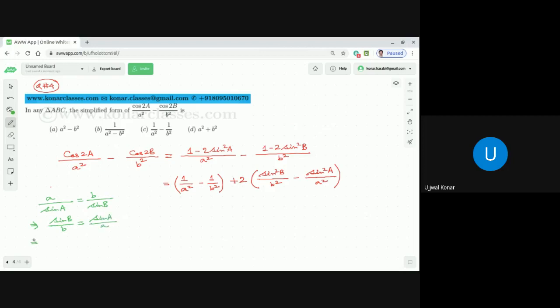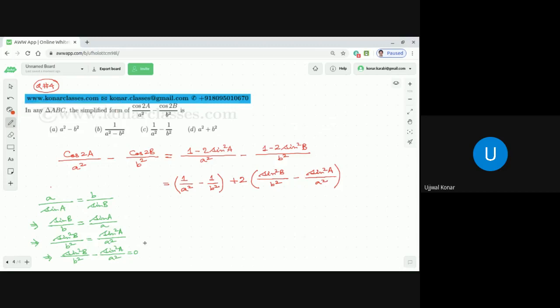If we take square of both sides, sine square B by b square is equal to sine square A by a square. So that implies sine square B by b square minus sine square A by a square is equal to 0.